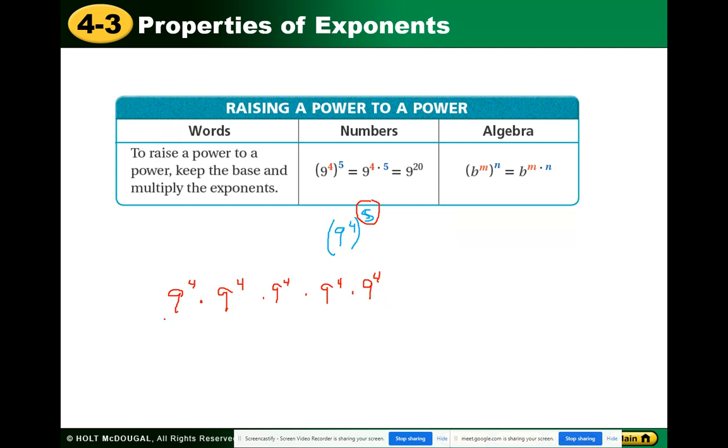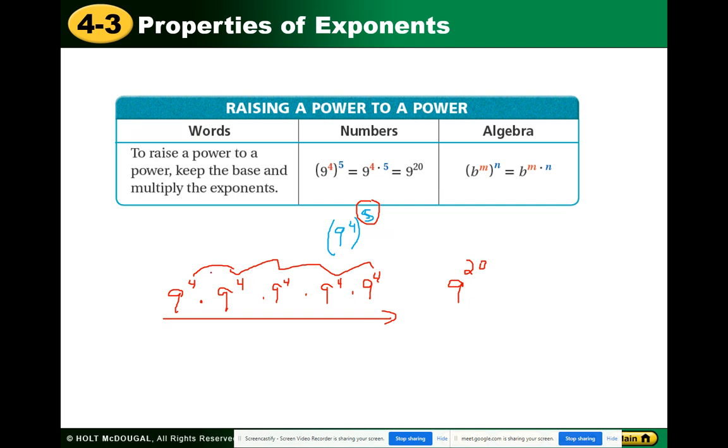Well, now, as I look at this, I've got all this multiplication. Are all the bases the same? So what do I do with the exponents? So it would end up being 9 to the 20th.